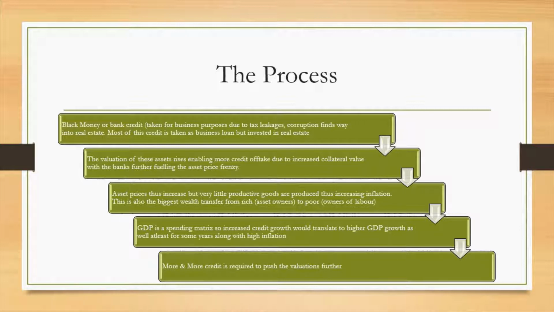Some people get the credit, they invest in non-productive areas, in asset prices, the asset prices increase, but correspondingly the products or services, which are the real core of the economy, don't increase to that extent, creating a lot of inflation in the economy.